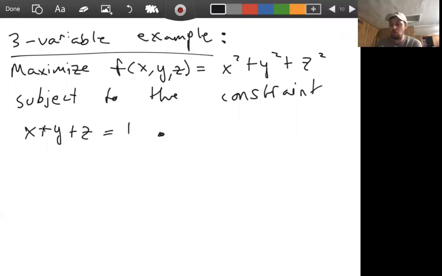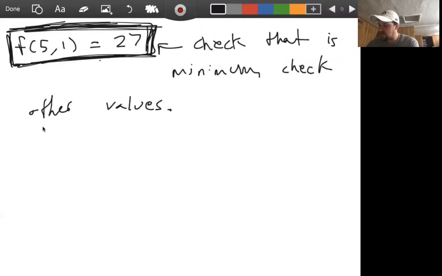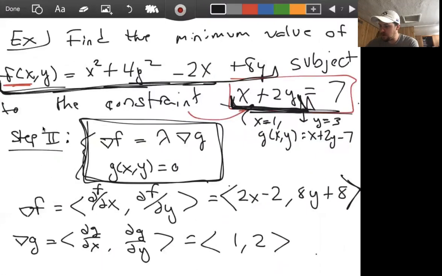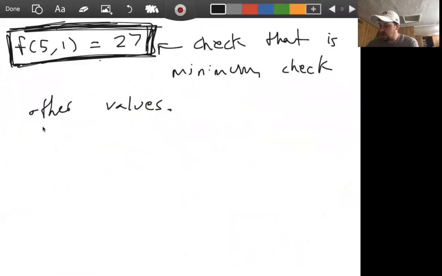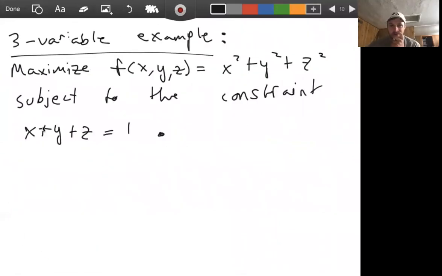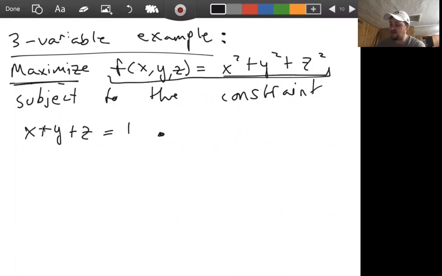And so what's step 1 from our paradigm, right? Step 1 was to determine our objective function and our constraint function and determine if we're trying to maximize or minimize. Right here, it's pretty clear we're trying to maximize. And we also see that our objective function is f because the constraint is x plus y plus z equals 1.